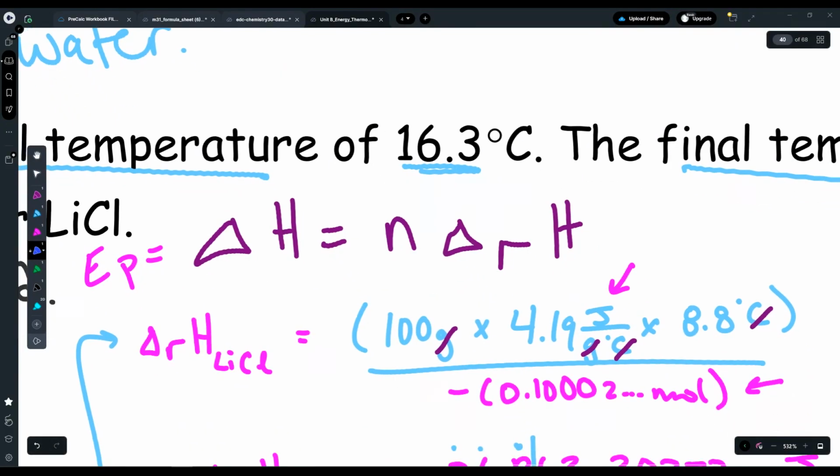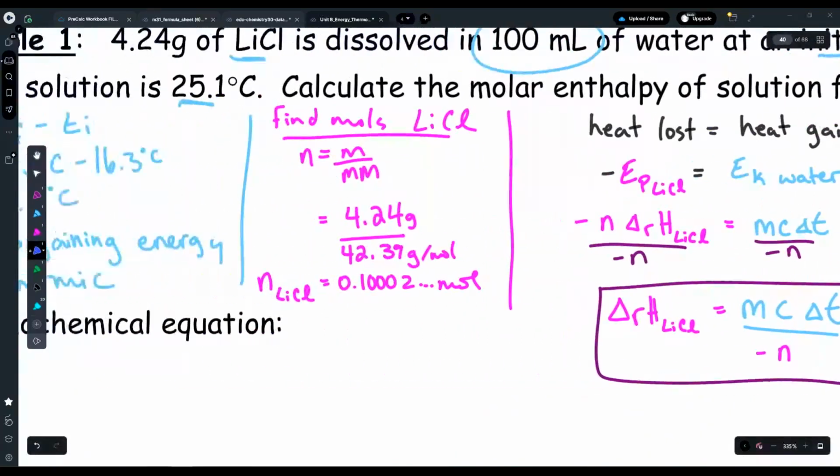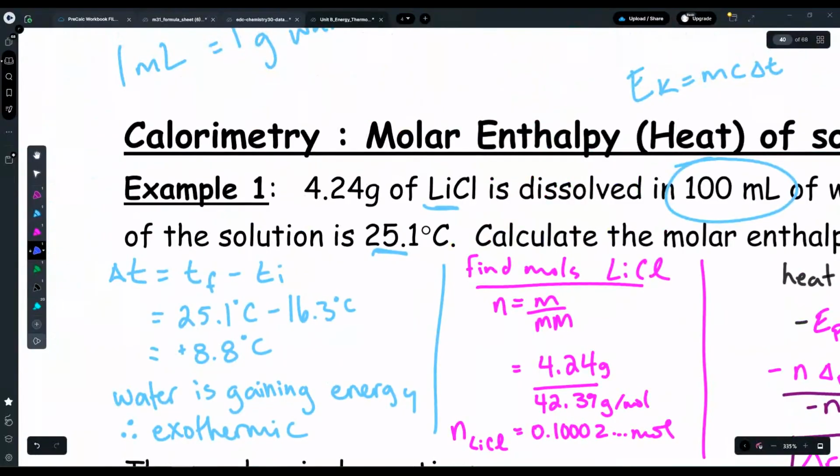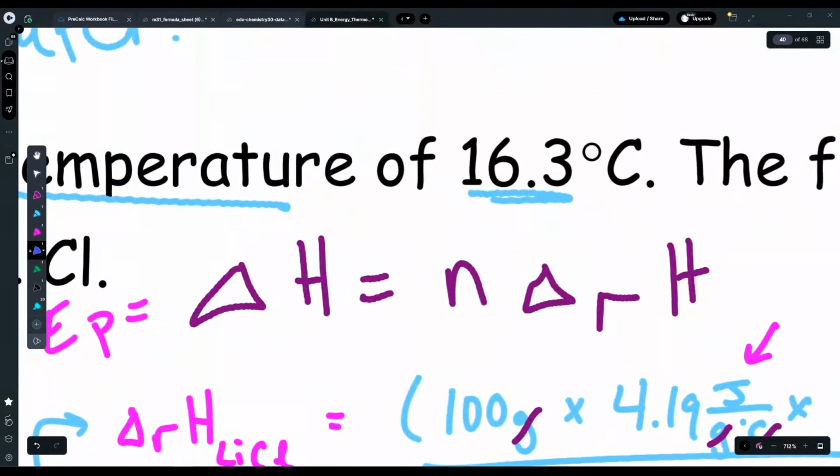Since in this previous calculation we've already taken into account that we used 4.24 grams of lithium chloride, where we're going to get the moles from is the coefficients of the balanced chemical equation.